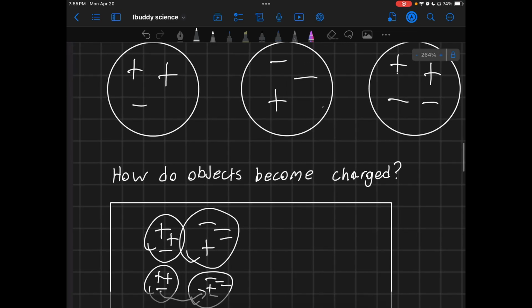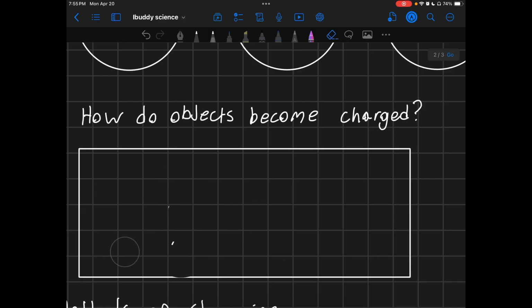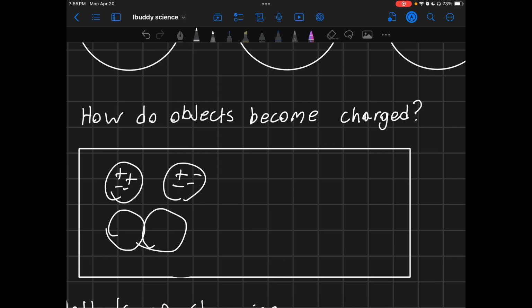So now you might be wondering, how do objects even become charged? Basically, for objects to become charged, electrons have to move from one object to another. Let's say we have two objects here, and I'll add some protons and electrons. First, these objects have to touch, just like this.